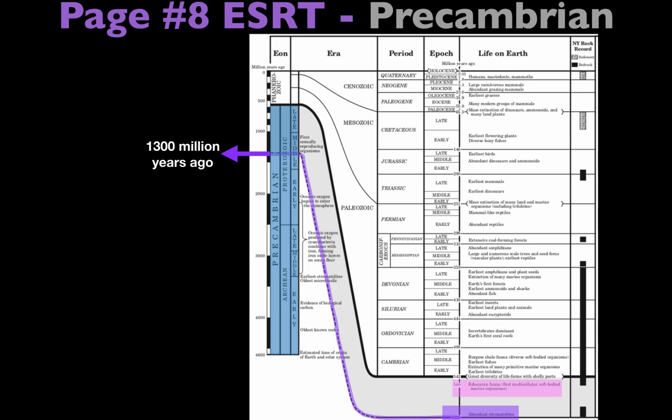A little bit more recently, you locate what they call the Ediacaran fauna. This is when you had the first multicellular and soft-bodied marine organisms. Those came into existence about 580 million years ago, which you can see in our time scale to the left.